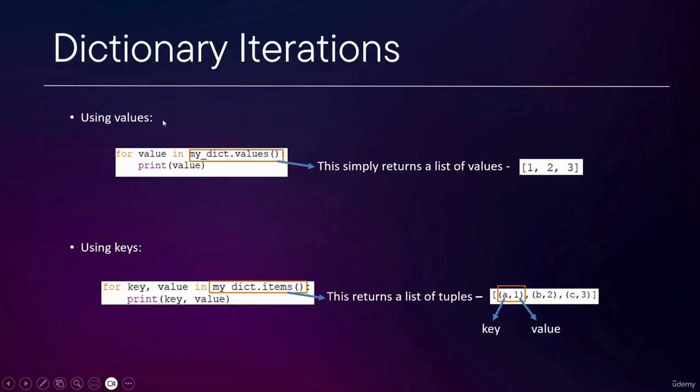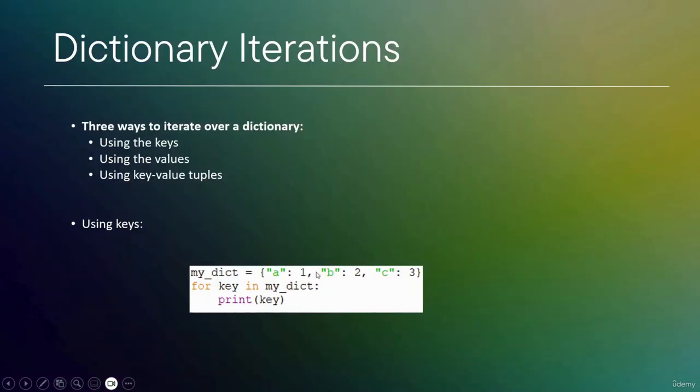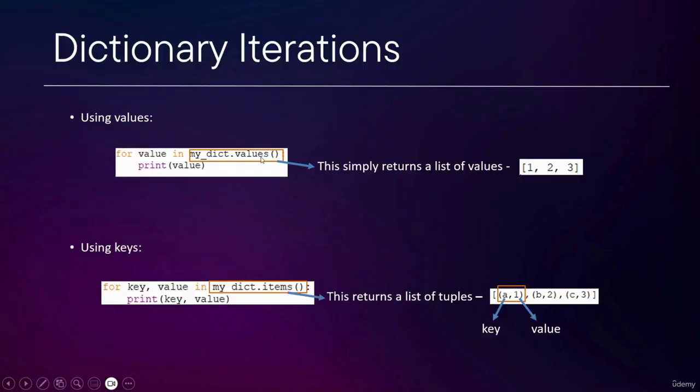So if we go there and we say using values, to get the values first, we need to use this method, that is myDict or dictionary variable dot values. We learned that in one of the previous lectures. So what this returns is basically a list of values. If we go to this example, the list of values are 1, 2, 3.